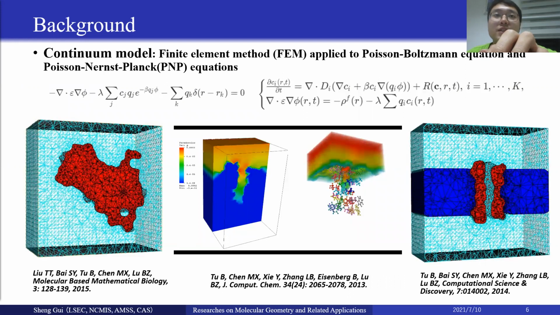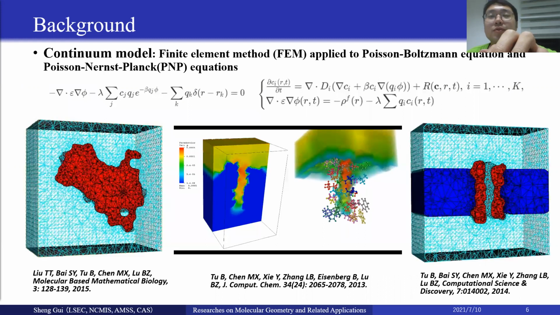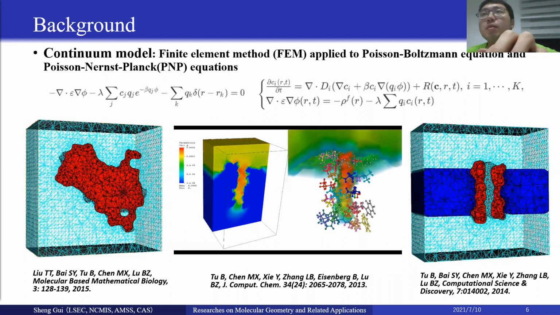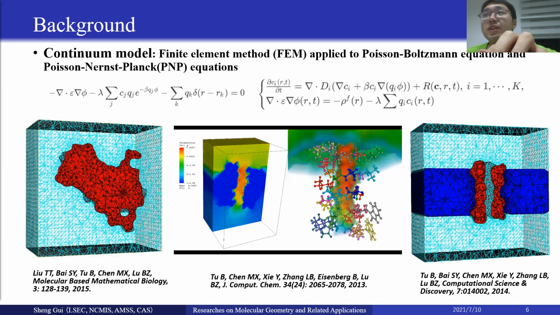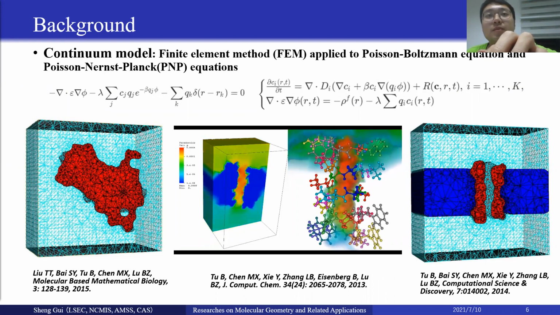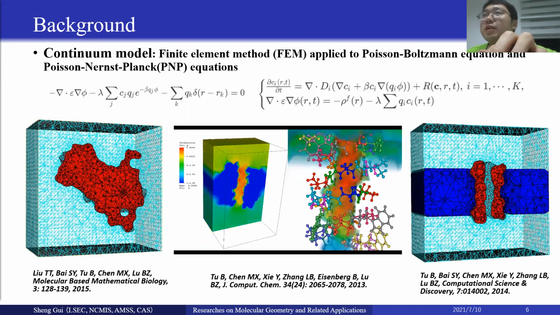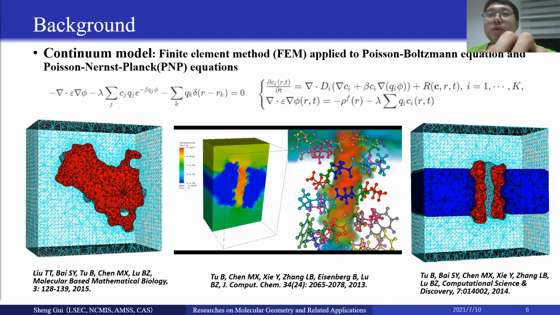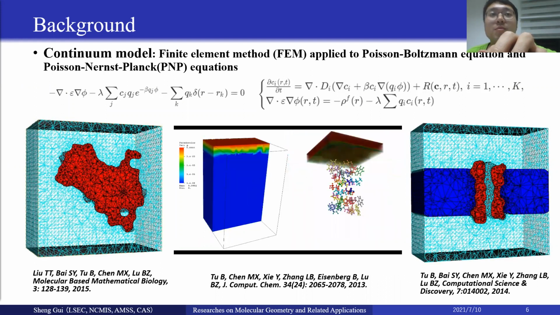Look at these movies. We use the FEM to simulate the ion transport phenomena. We can apply the FEM to the Poisson-Boltzmann equation and the Poisson-Nernst-Planck equations by the molecular shape.